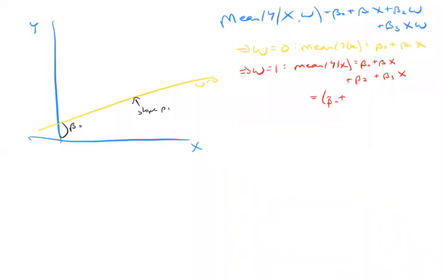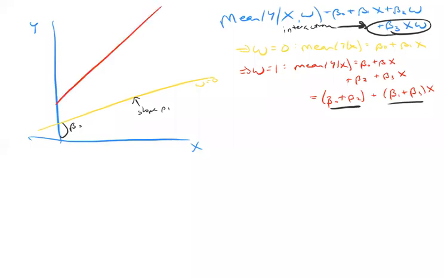I'm going to group all the terms that don't have x's in them, and then I'm going to group all the terms that do have x's in them. So here's the new intercept of my line, and here's the new slope of my line. Because of this interaction term, the equation allows not only for the intercept to be different in these two lines, but also the slope.